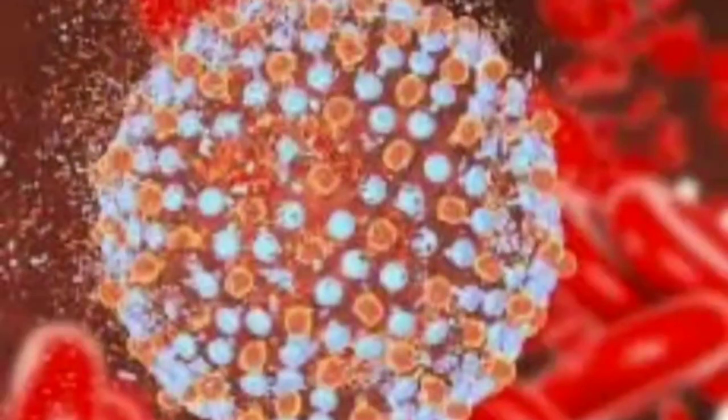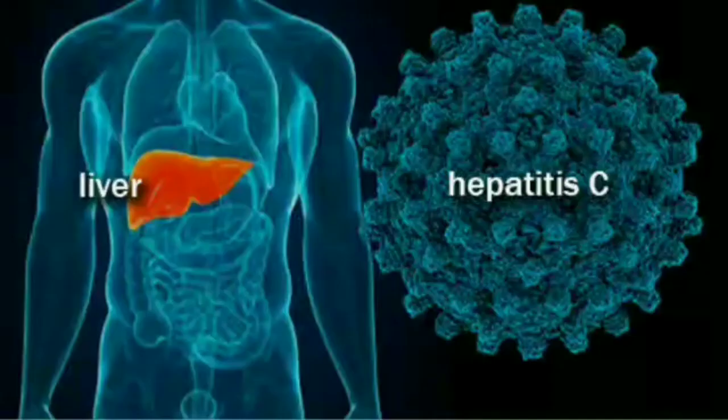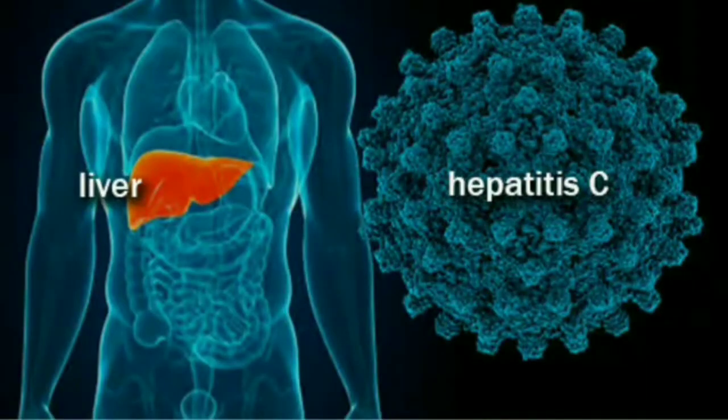And the hepatitis C virus is an RNA virus and this is transmitted through the blood. So the infection of hepatitis C is seen in the liver.